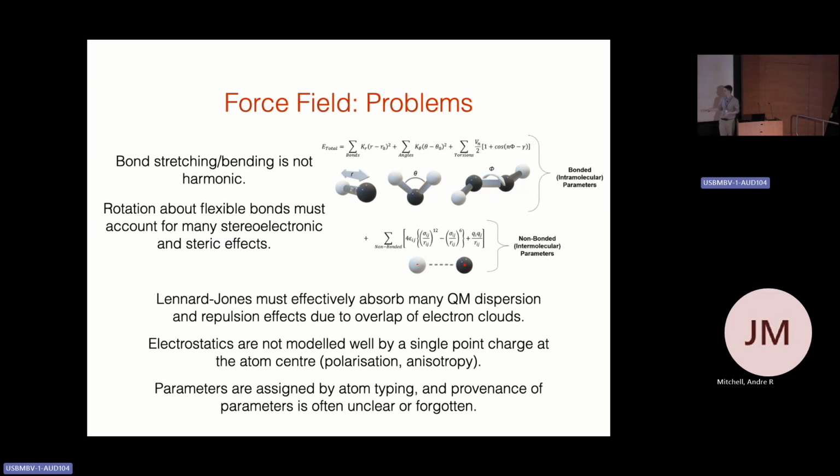These need to effectively account for polarization and any anisotropy in the electron distribution. And something that's less often mentioned is that these parameters themselves are usually assigned by atom typing, as we've heard. And historically, maybe not so much nowadays, the provenance of these parameters is often unclear or even forgotten.